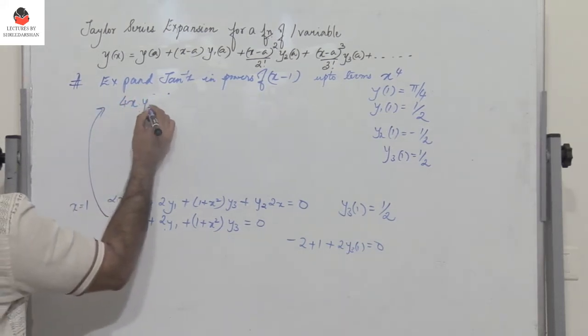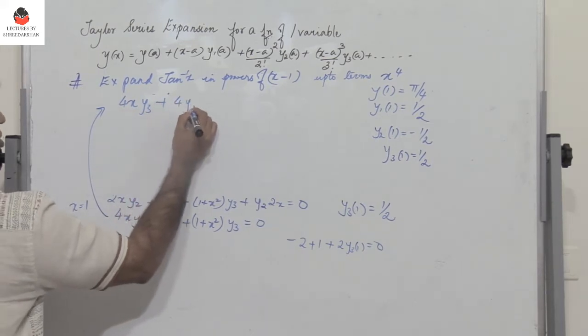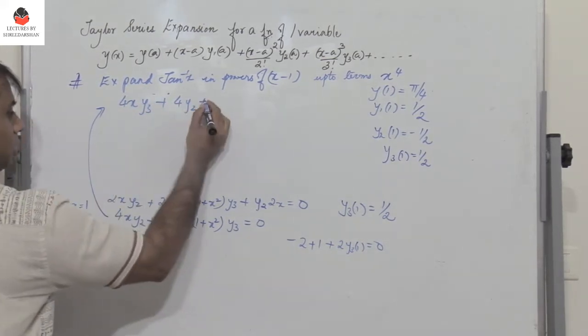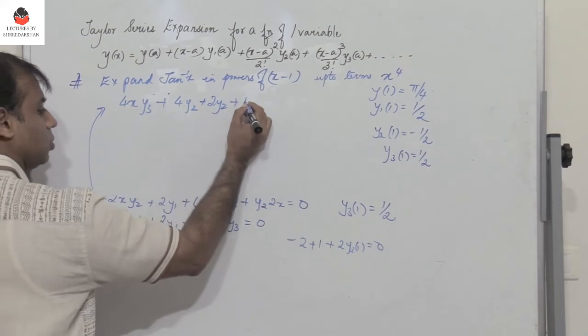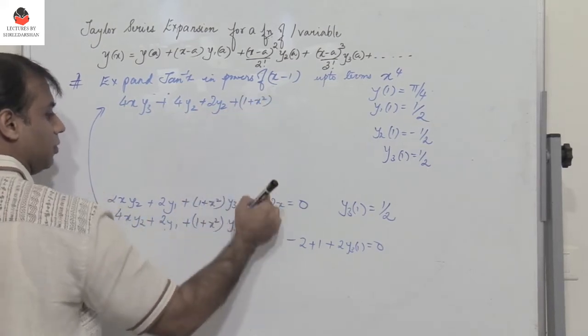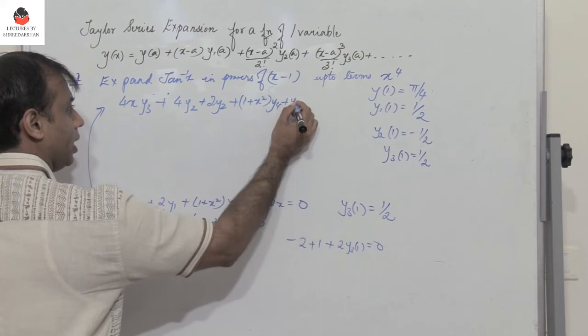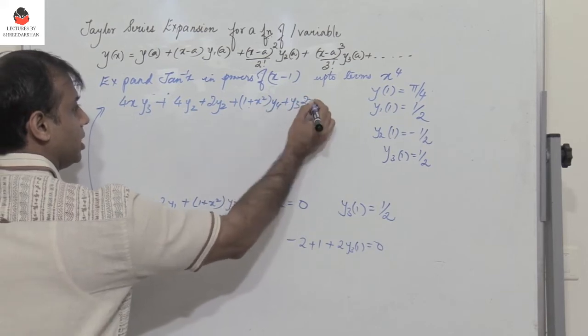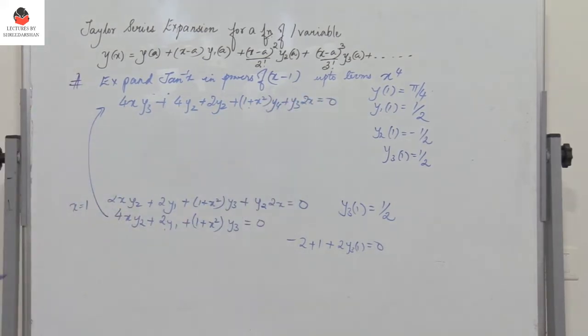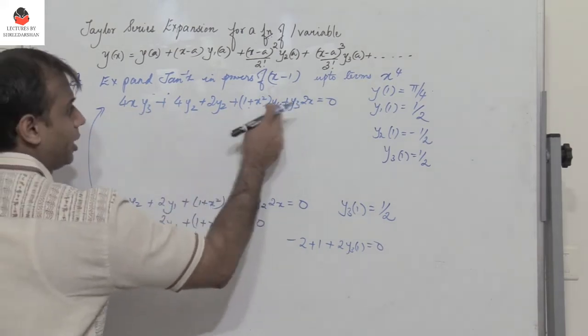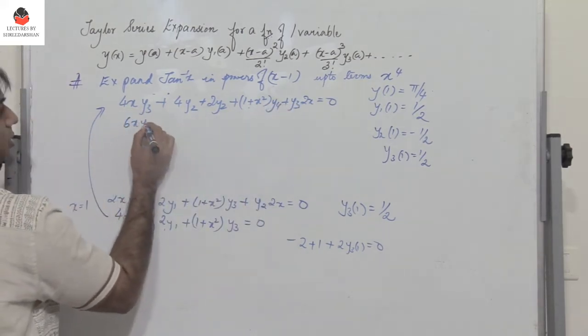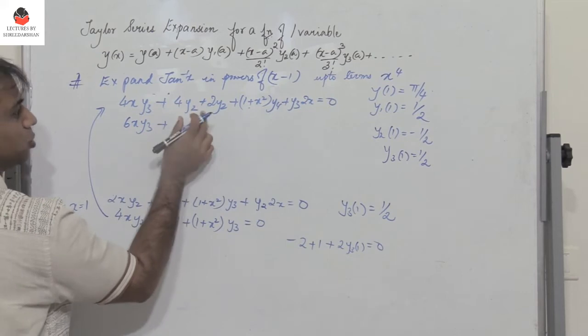4x into y3 plus 4y2, differential of x is 1, plus 2y2 plus 1 plus x square, differential of y3 is y4, plus y3 into differential of this is 2x equals 0. So you have 4x y3, 2x y3, so it is 6x y3 plus 4 plus 2 is 6 y2.